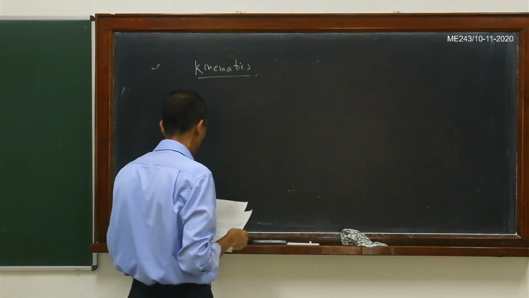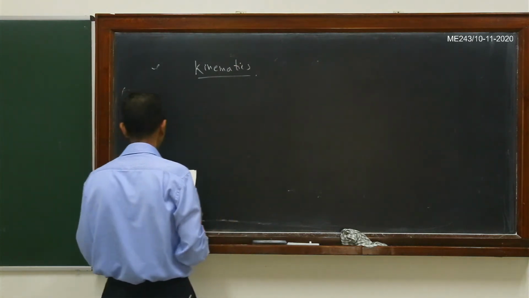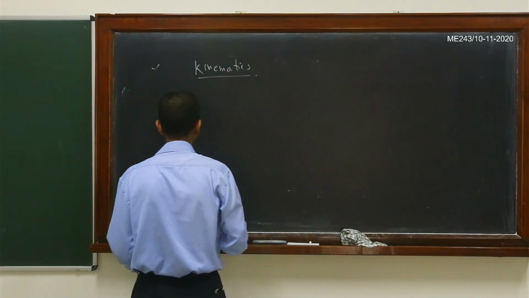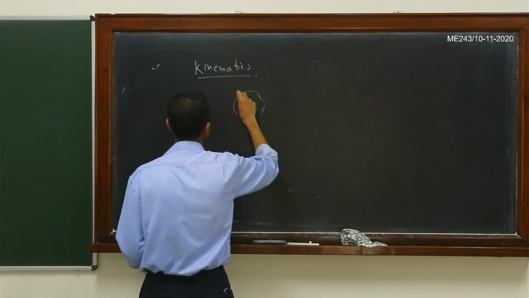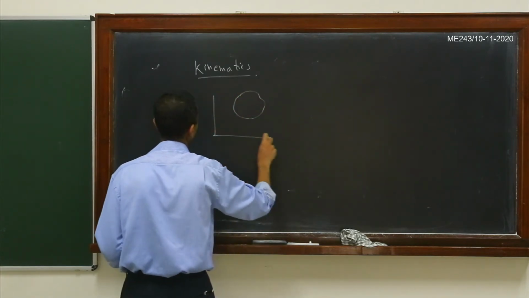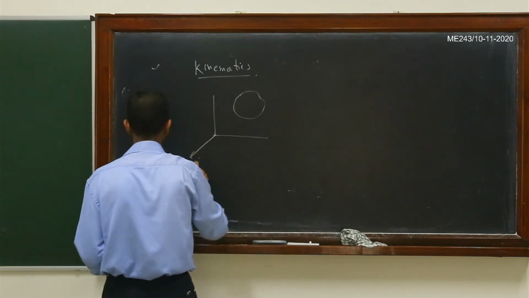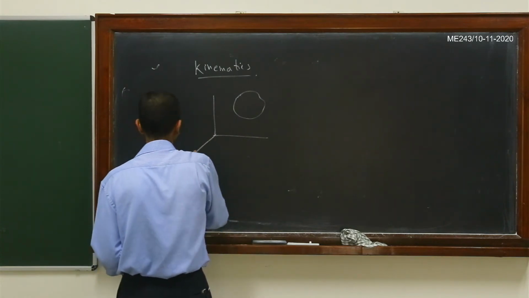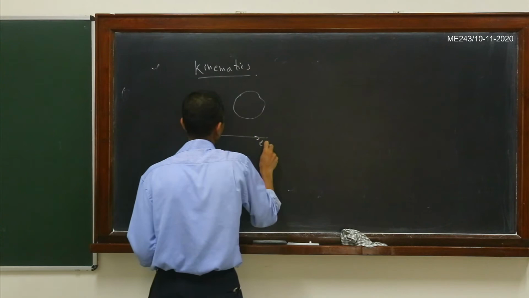So we'll consider now a body. So this is, let's call it E1, E2, E3.